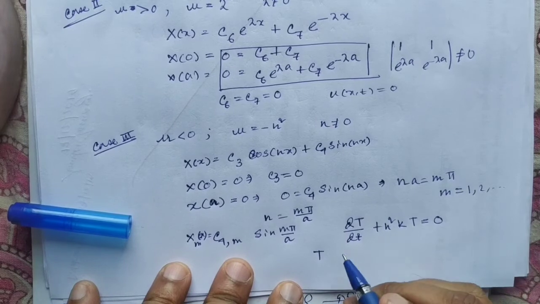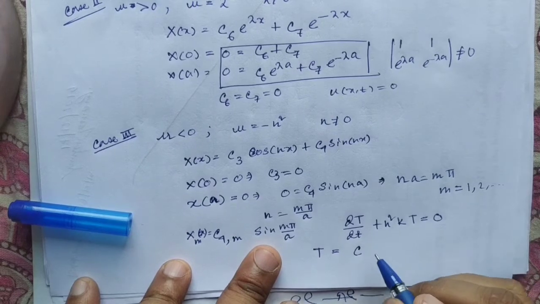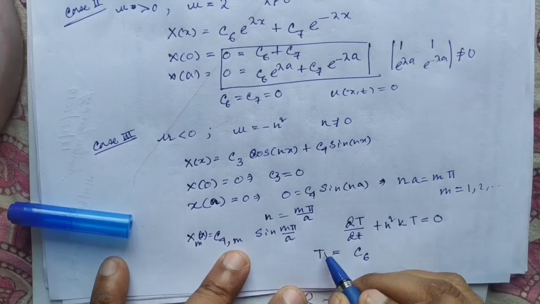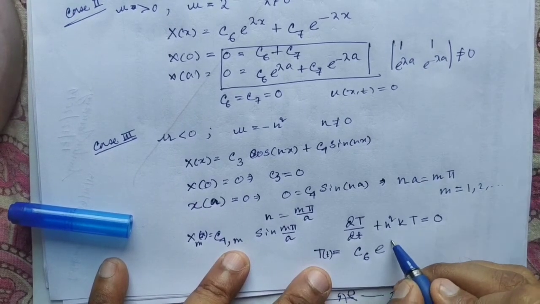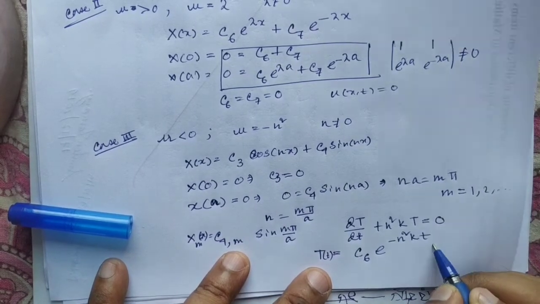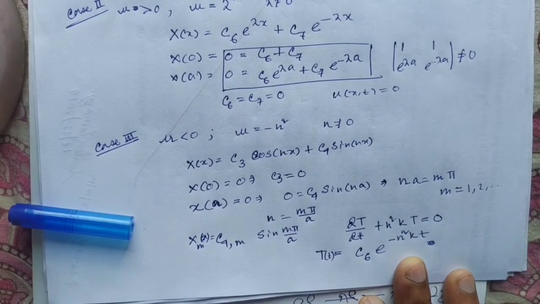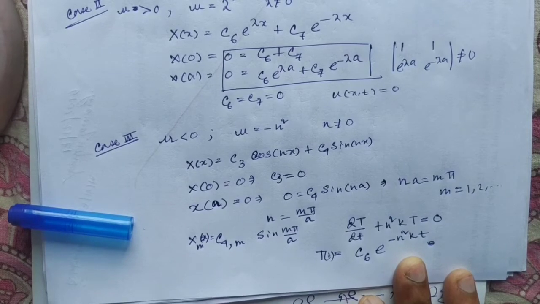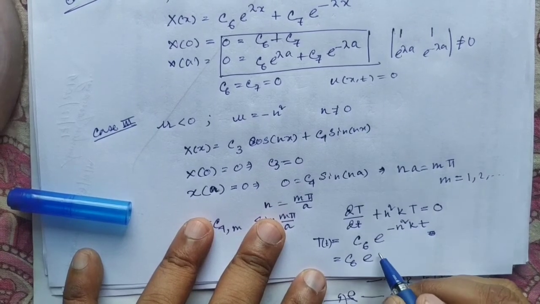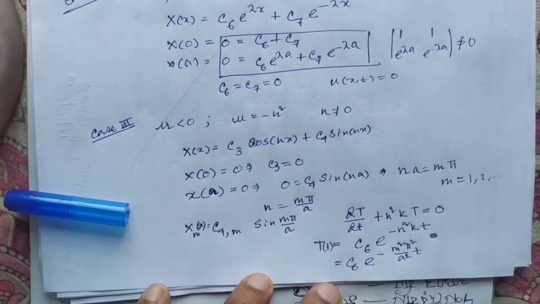So T of t is equal to C6 e to the power minus n square kt. Okay, and you know the value of n as well, so we write it here as C6 e to the power minus m square pi square by a square multiplied with t.